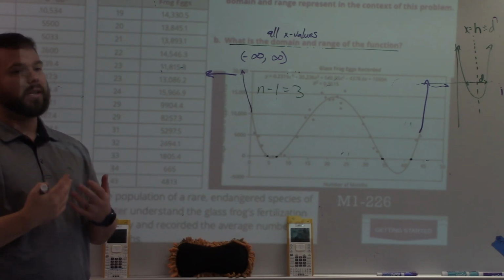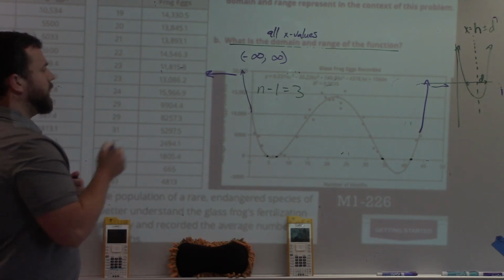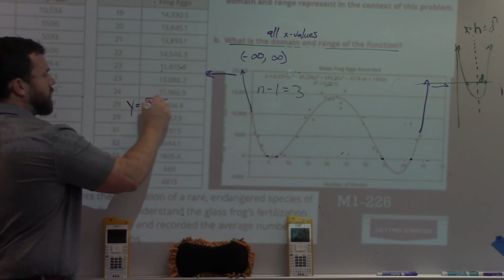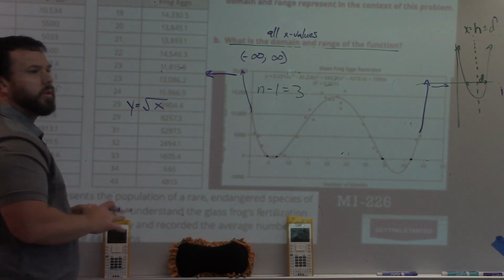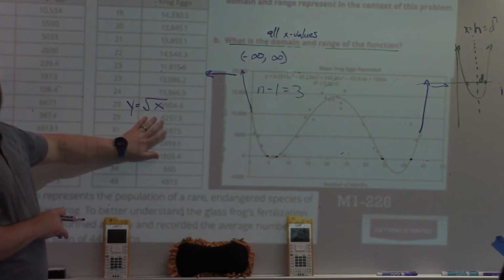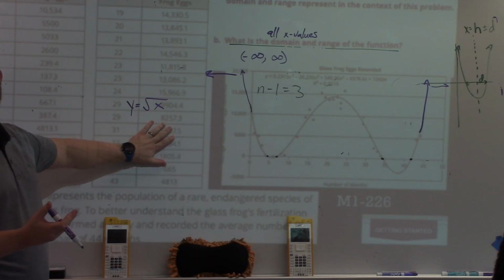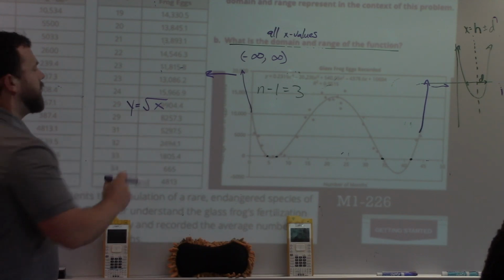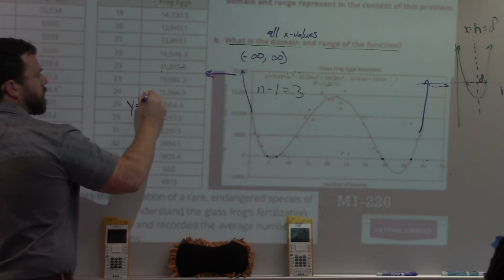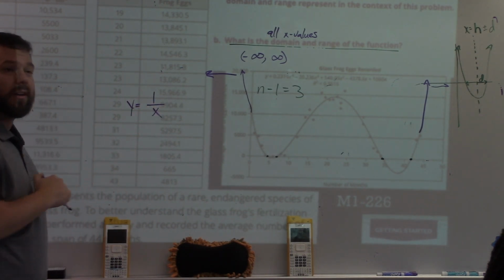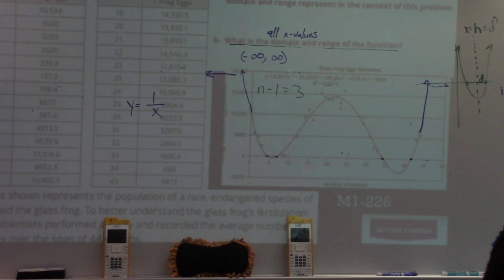To show a contrast for when we might not be able to put something in, if I were to give you this equation, and I were to graph this on the real coordinate system, does anyone know any x values I could not put in? I could not put in negatives, right? So the domain here would not be negative infinity to infinity. If I were to give you this equation, does anyone know a value that x could not be?